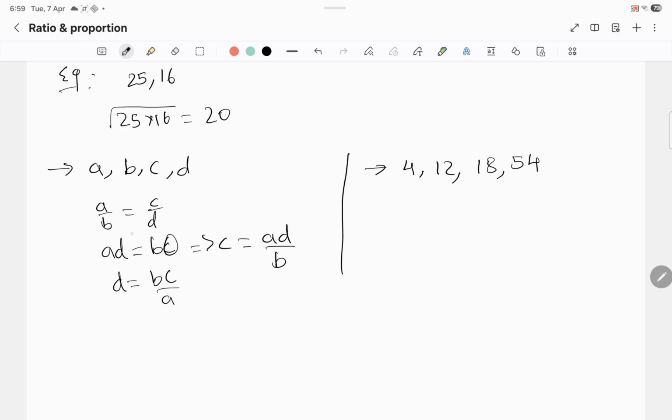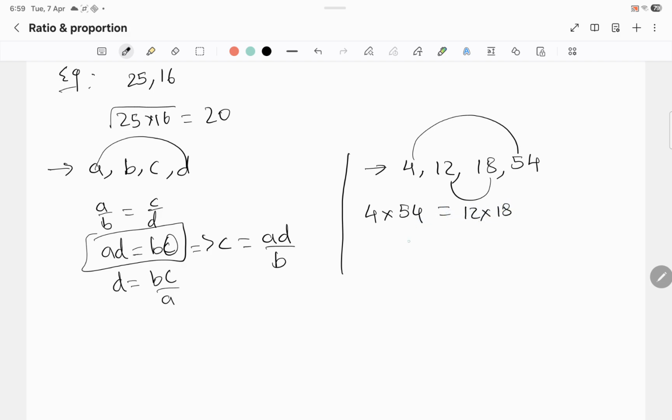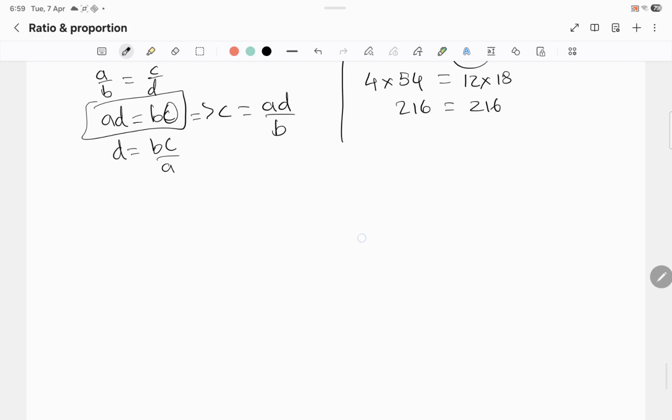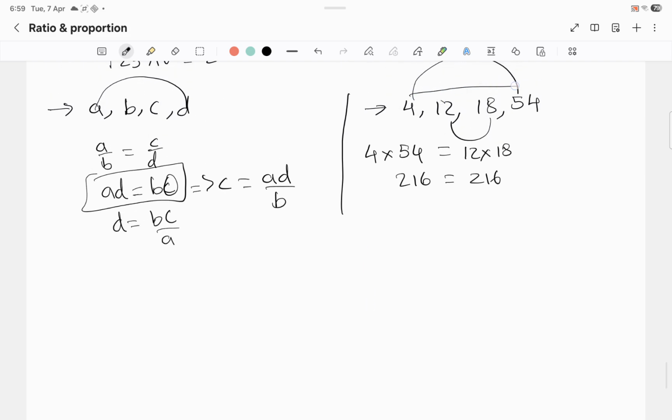So the product of the extremes, A into D, is equal to B into C. Product of the extremes is equal to product of the means. 4 into 54 is equal to 12 into 18. 4 54s are 216. 12 18s also 216. That's it.